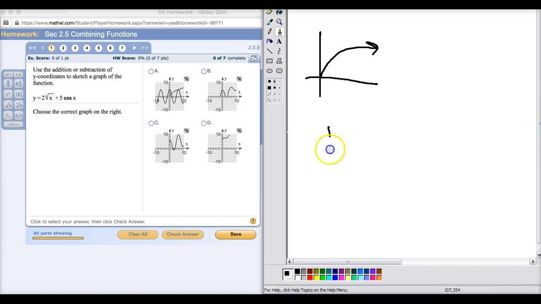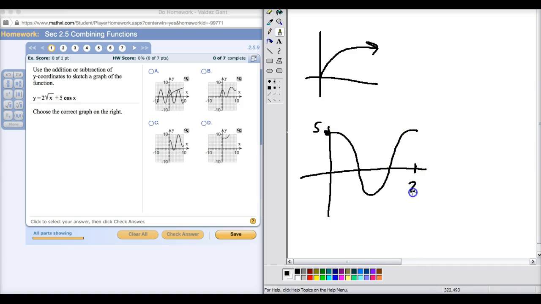For 5 cosine x, we know that that would generally look like this, where this would be starting at 5 and fundamental periods in between 0 to 2 pi. Okay. Now, what we want is a combination of the square root function and the cosine function. So if we had to put those together and mix them, it would look something like this.